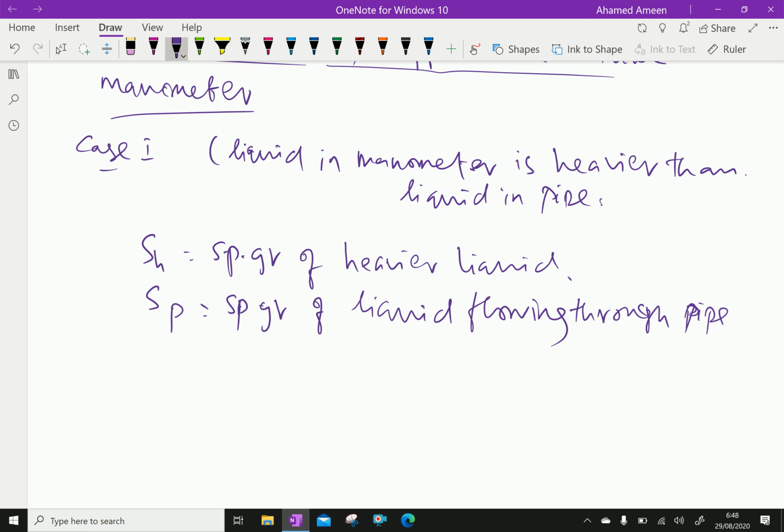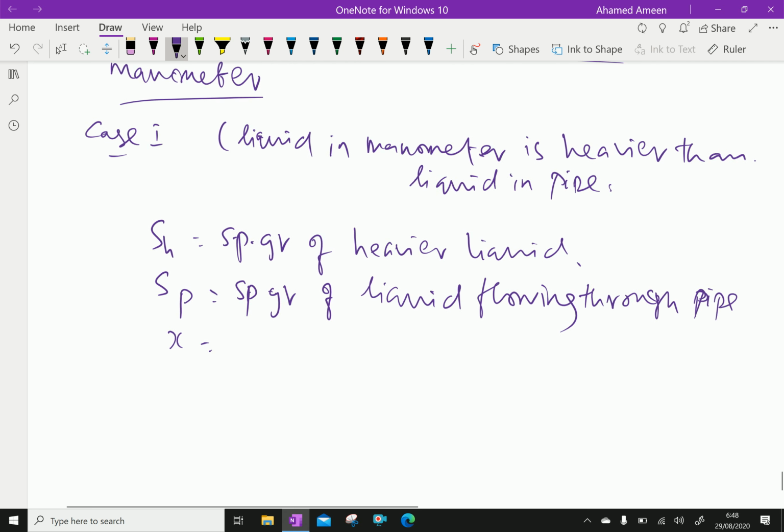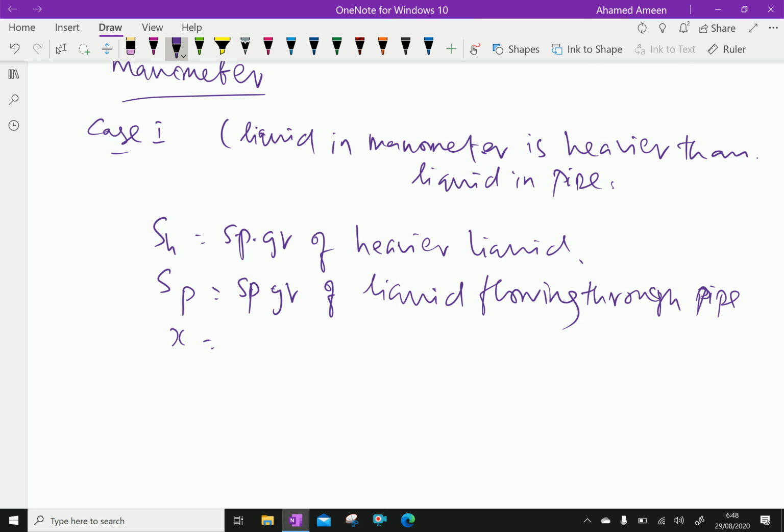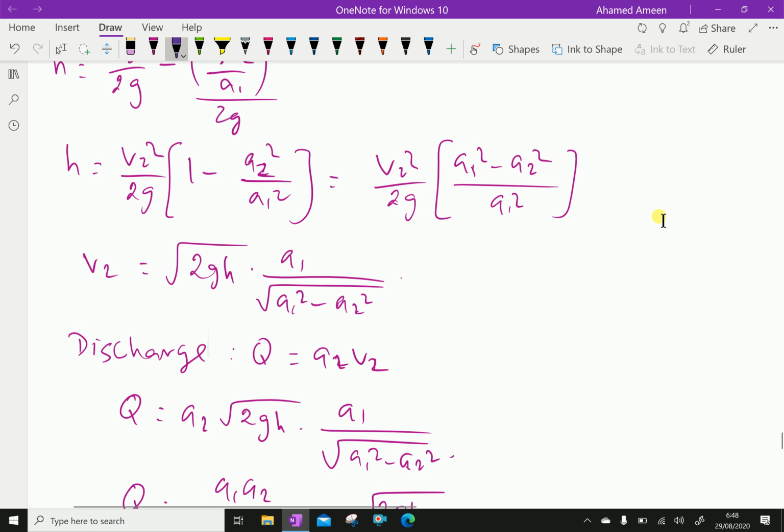Then X equals the difference of the heavier liquid column.